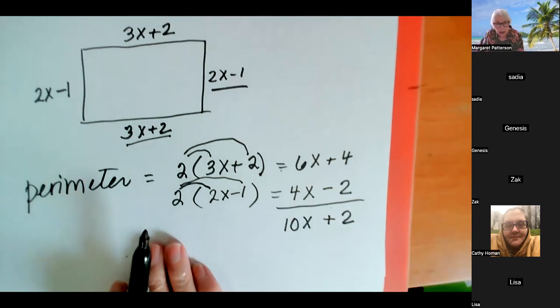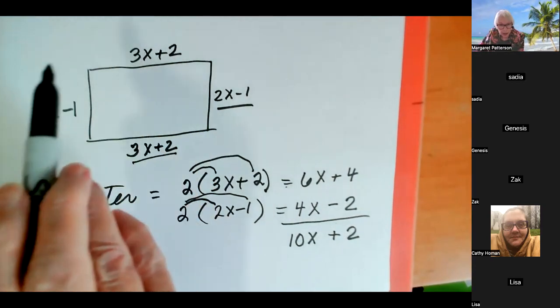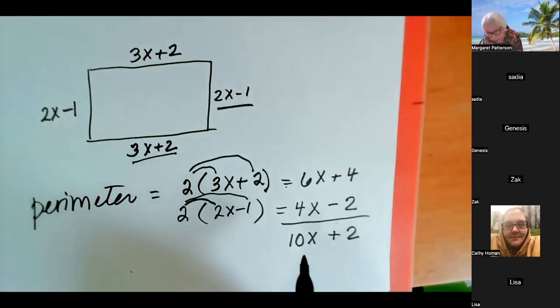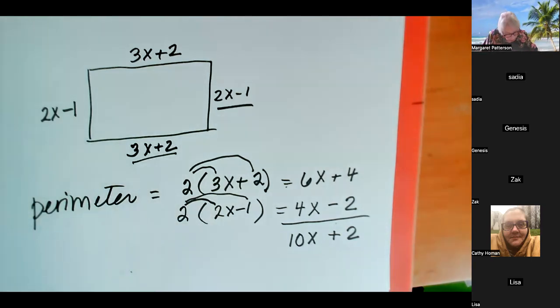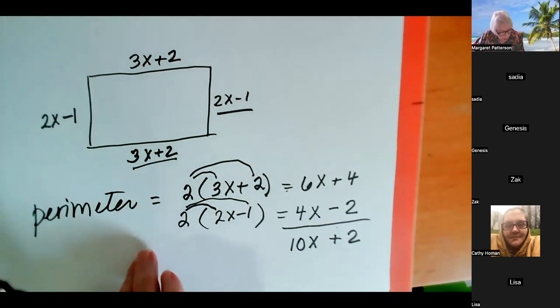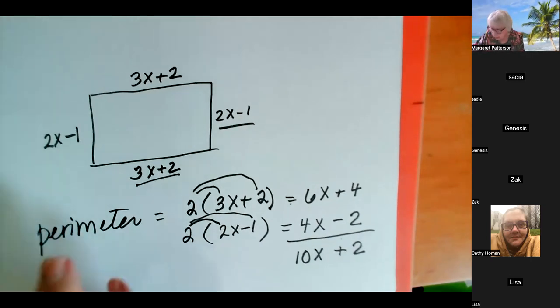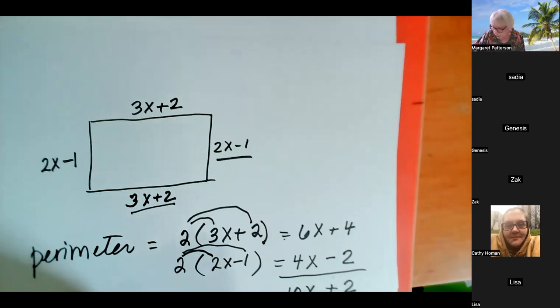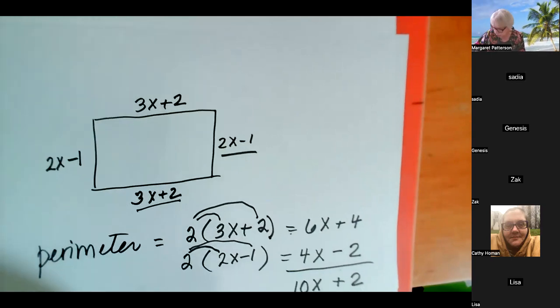Now, if you had gone around the edge and added them all up, you would have come up with the exact same answer, 10x plus 2. Okay, so that's practicing our distributive property. And let's see, how's our time? Okay.